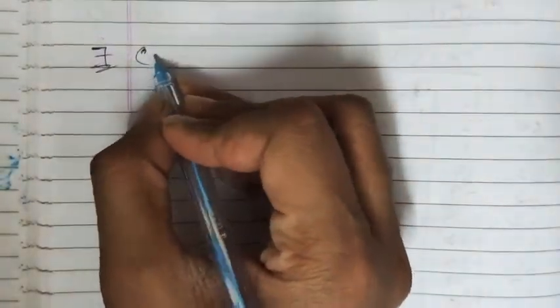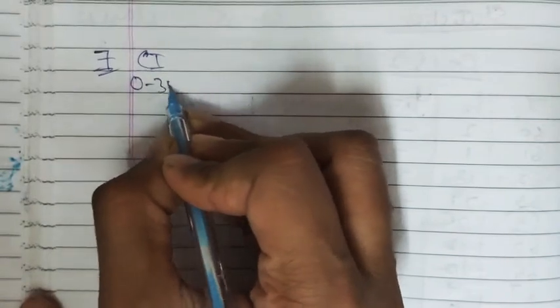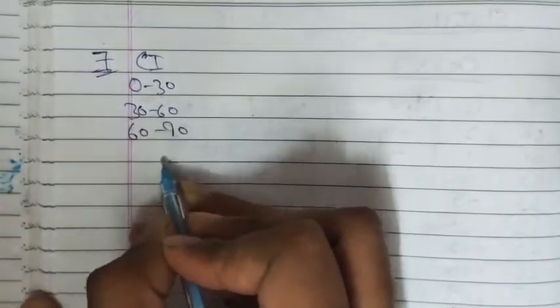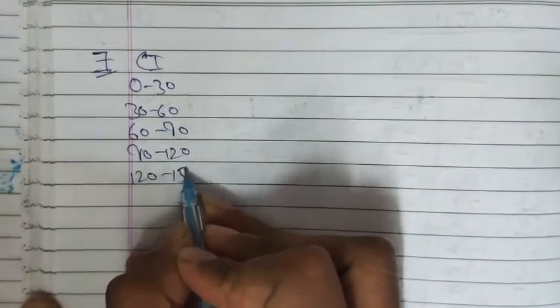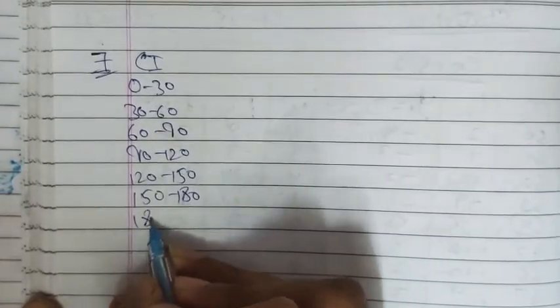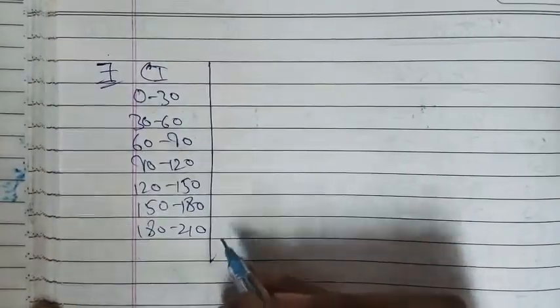In question number 7th also we have to determine mean and variance. So first column will be of class interval Ci. So Ci is 0 to 30, 30 to 60, 60 to 90, 90 to 120, 120 to 150, 150 to 180, 180 to 210, right?